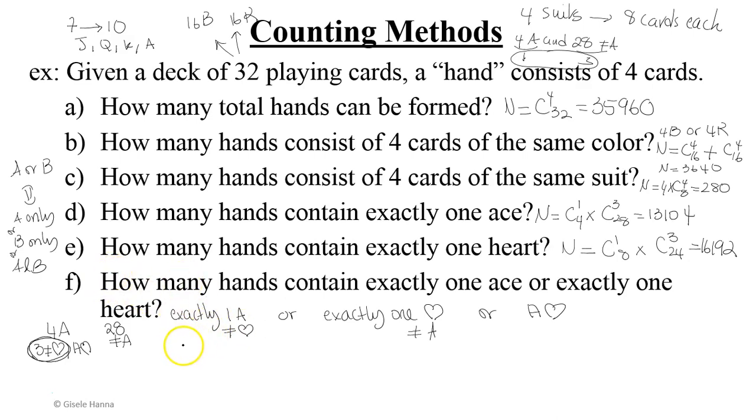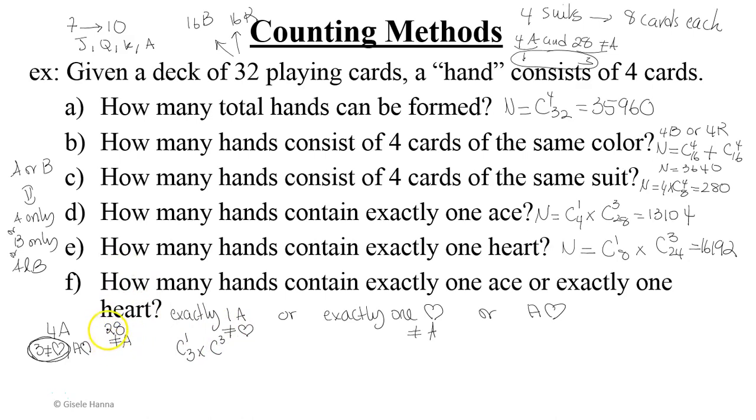That would be a combination of 1 out of 3. Now, the remaining 3 cards should not be aces, and at the same time, they should not be hearts.